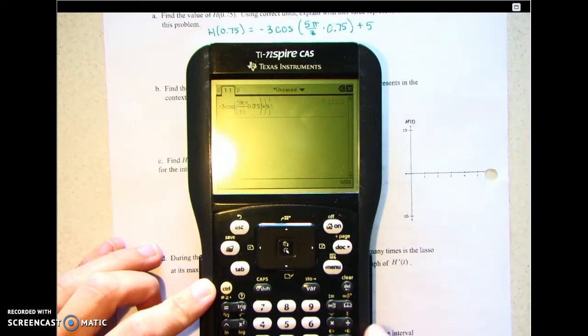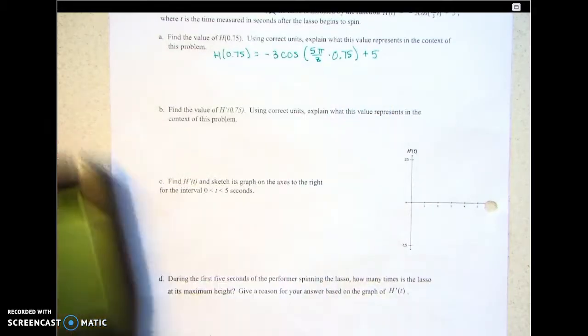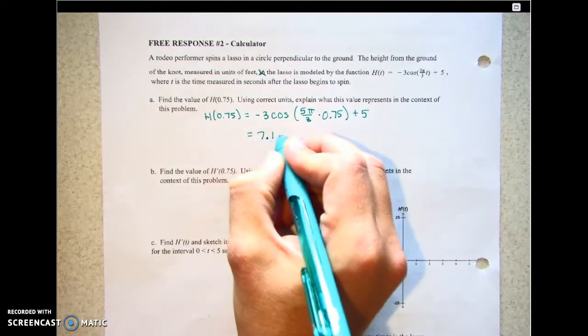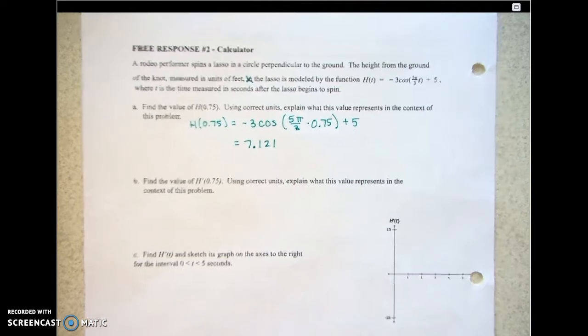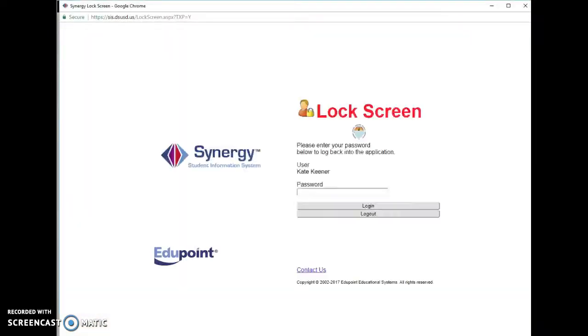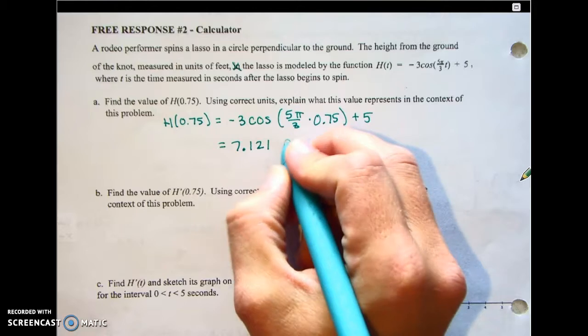Am I doing okay there? All right, looks good. Okay. So you practice in your own calculator. If you watch me do it, then it doesn't help you. What are the correct units? Well, what are the units of h? H is the height from the ground of the knot, measured in feet. We're going to call this the distraction video.